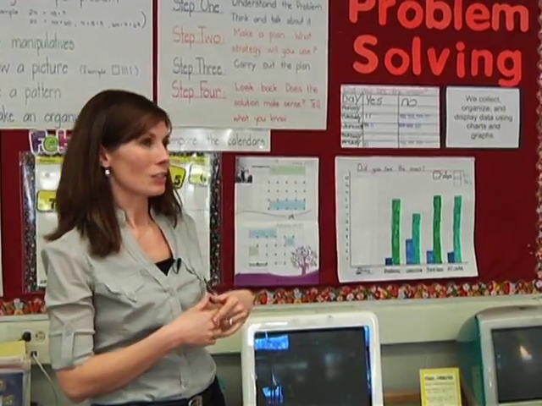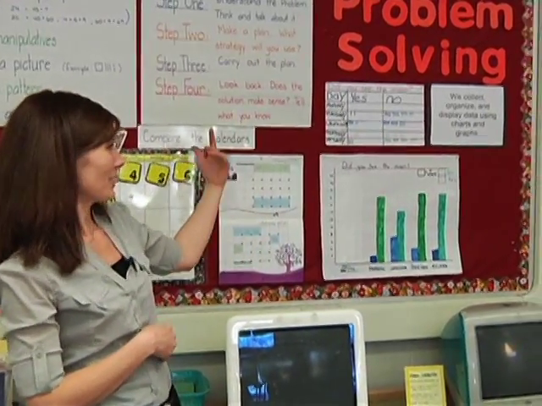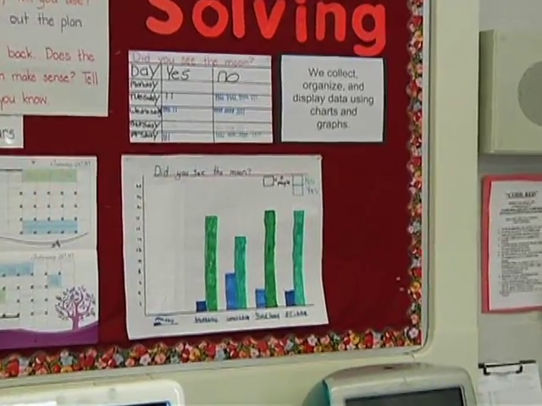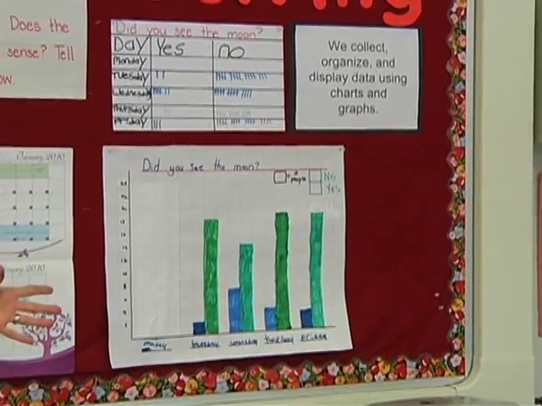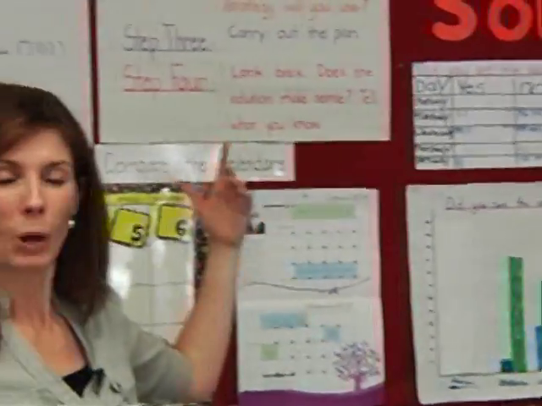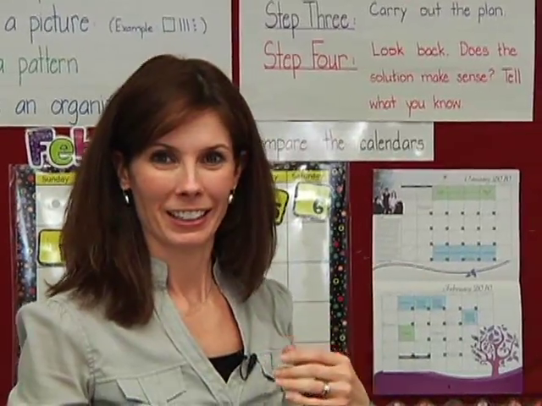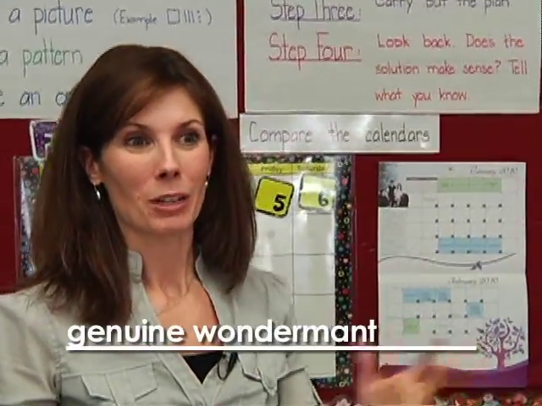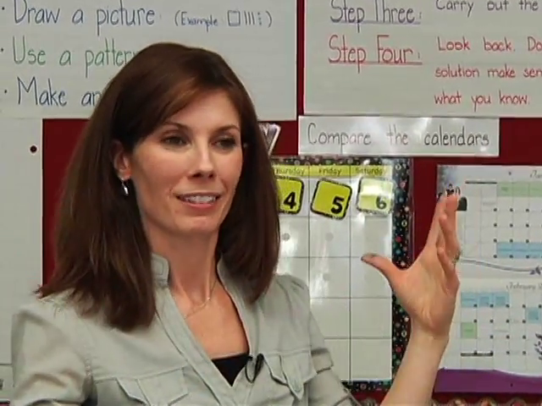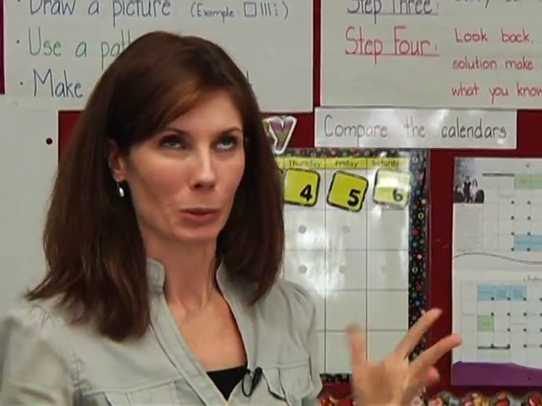So the students were taking a survey of how many people did and didn't see the moon, and then we would graph that. And out of that actually came even deeper questions, like, why did you see the moon and I didn't? And actually one of the questions was, a lot of children live near water. Is there some reason that the moon is more visible over water?